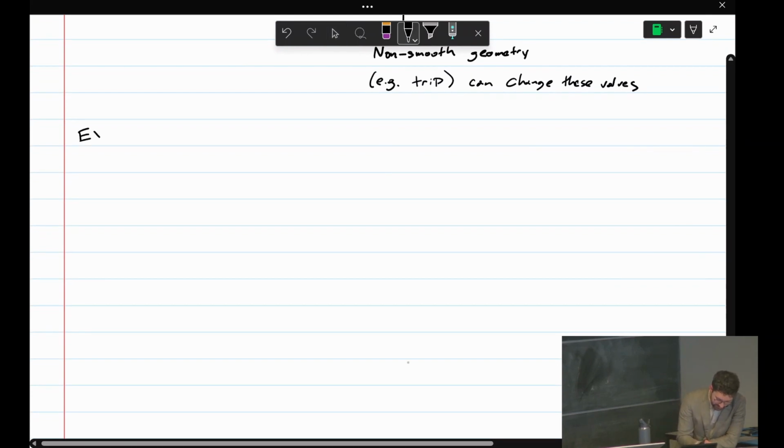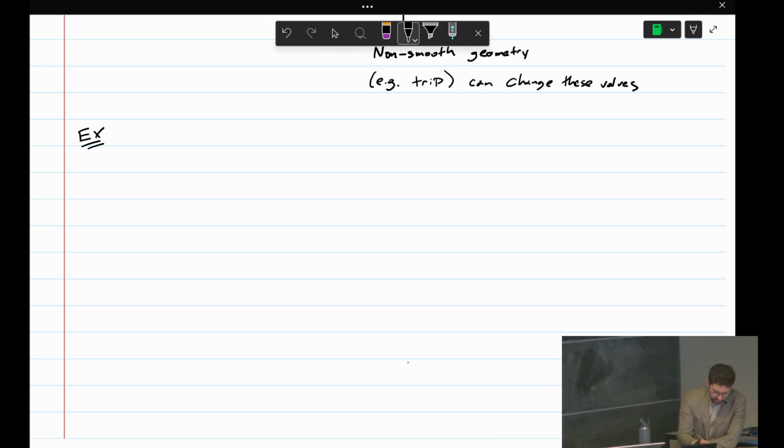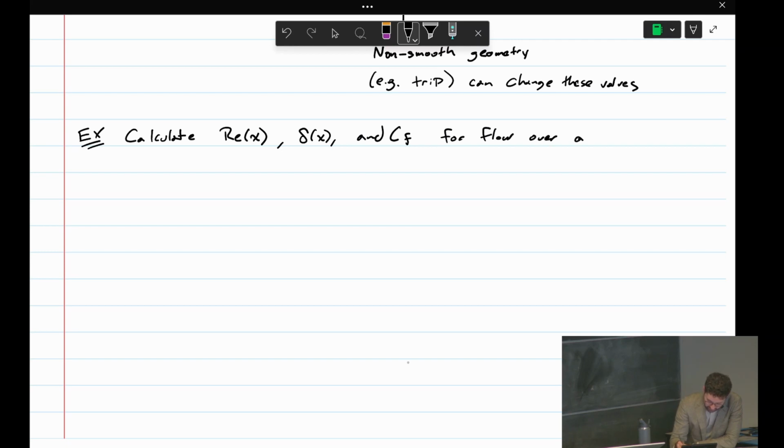So here's an example. We're actually going to put some numbers to the above relations. For example, calculate the local Reynolds number, the local boundary layer thickness, and the local skin friction coefficient for flow over a flat plate at x is 1 centimeter.